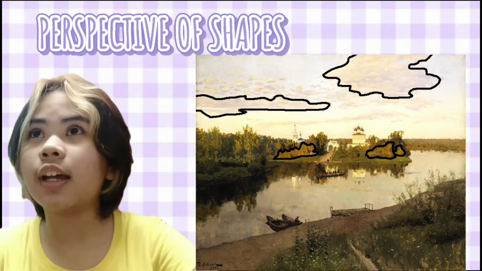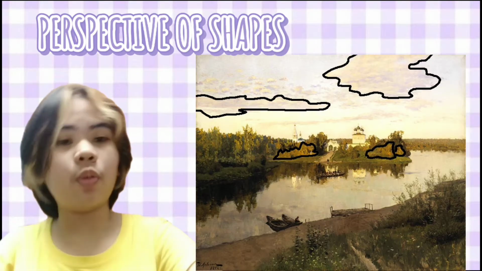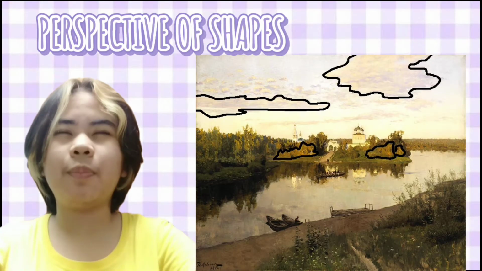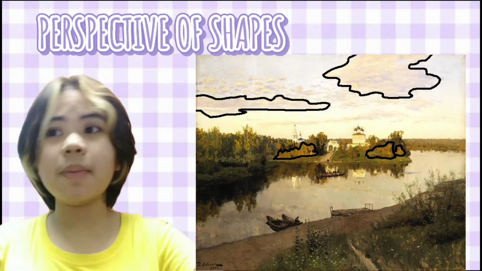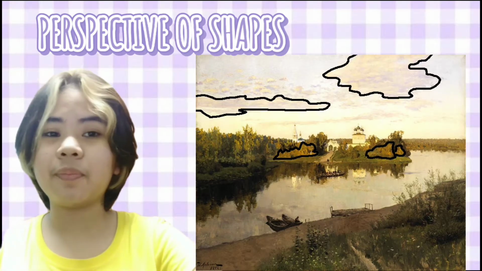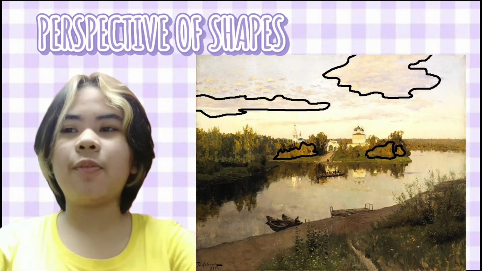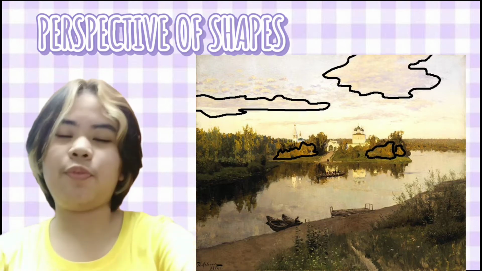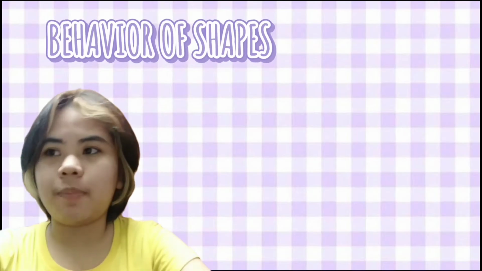Kung ano yung nakita ng mata natin at kung ano yung nabuong shapes, ganun. That's what we call the perspective drawing. Our viewpoint.